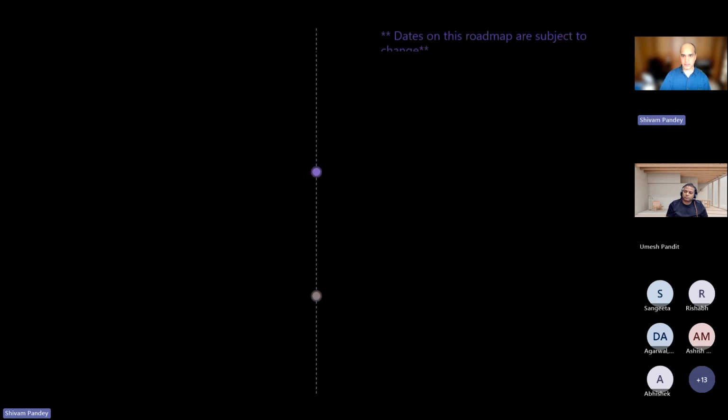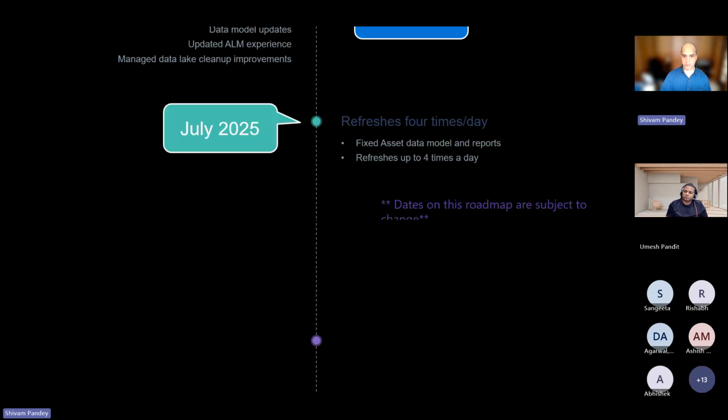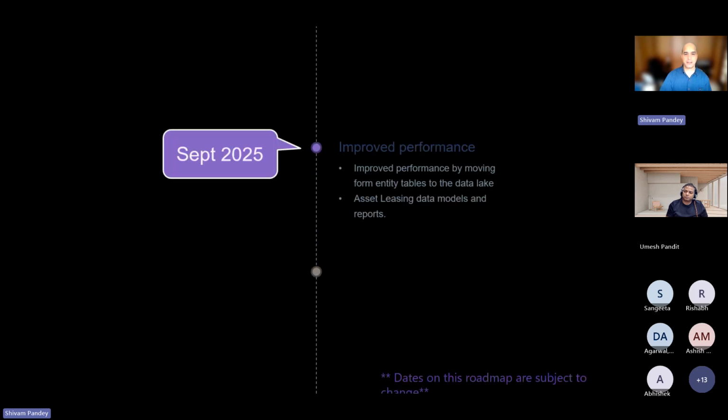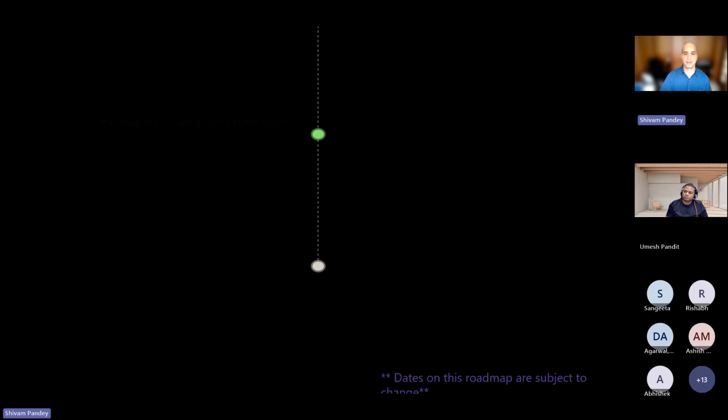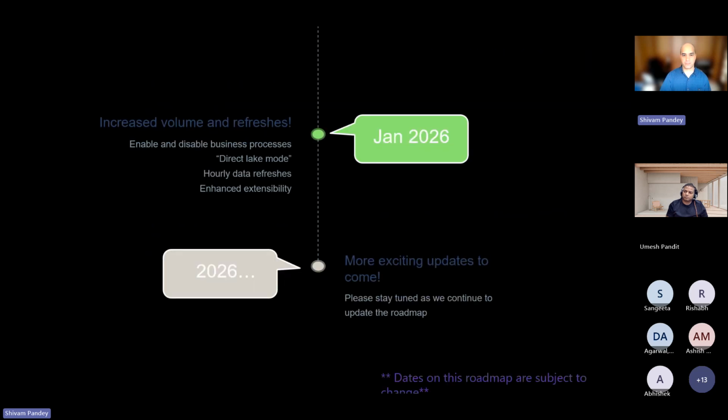We are also working on getting you more frequent refreshes. In the September timeframe, we'll be improving performance by moving from entities to tables in the lake functionality, and then more models will light up in the October timeframe.